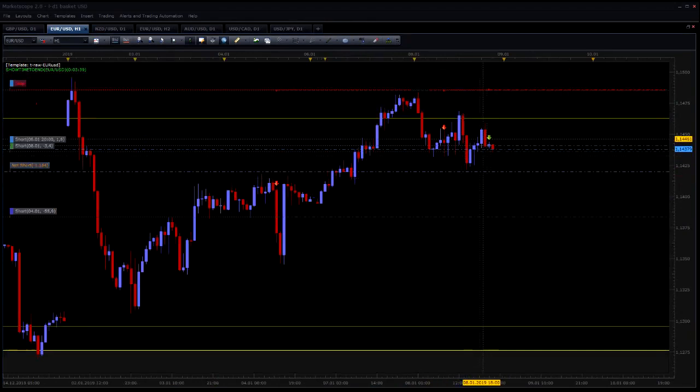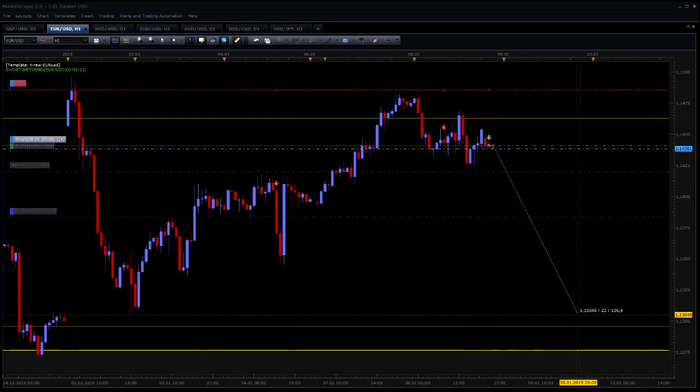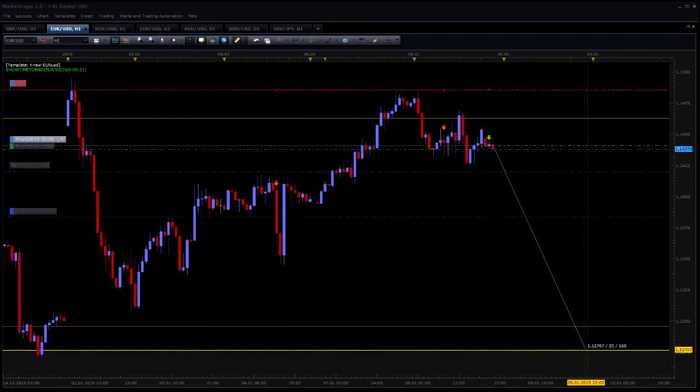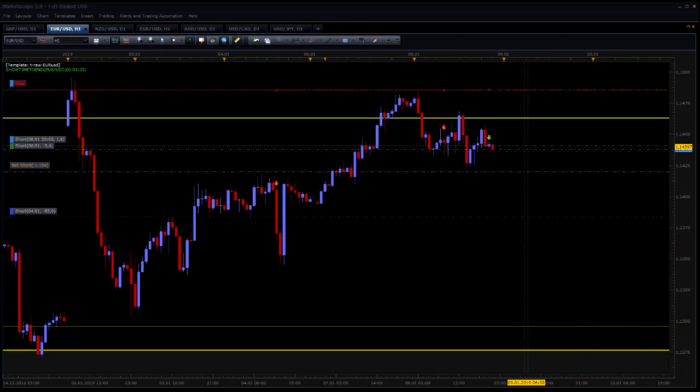Trading it lower. Formed a bearish engulfing here, so this is a good signal to trade. And we're expecting it to drop lower to this level here. So that would be from this point to this point, 150, 160 pips. It's a large consolidation.